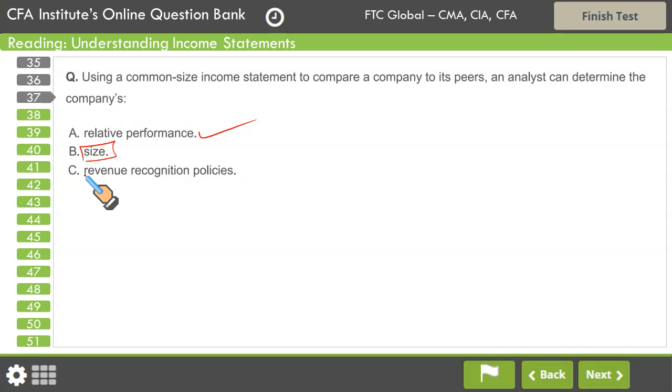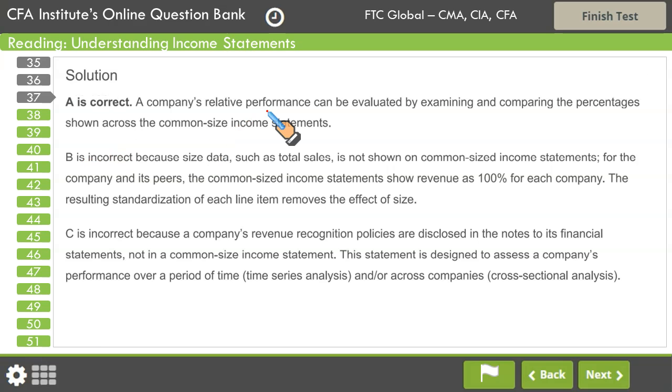There is no need to convert your financial statement into common size financial statements when you just want to measure the size. This is totally irrelevant. And what about revenue recognition policies? For this, we don't draw up common size financial statements. Just look in the notes, because revenue recognition policies, your estimates, are found in the notes to accounts, not in the common size financial statements. So that makes A the correct option.